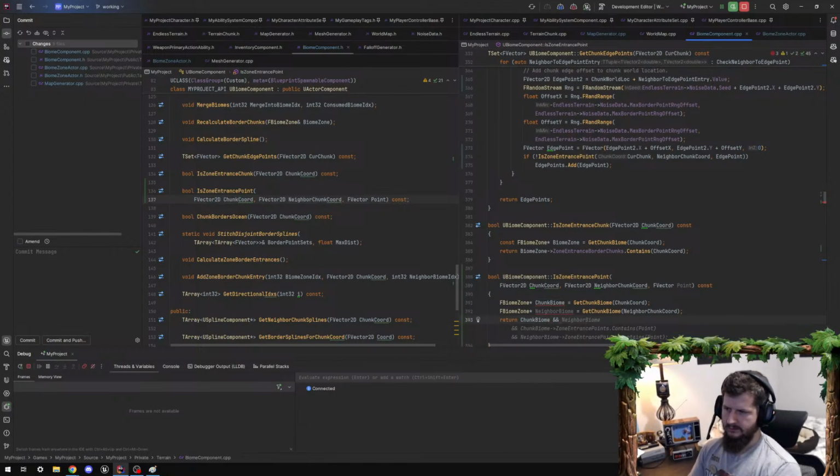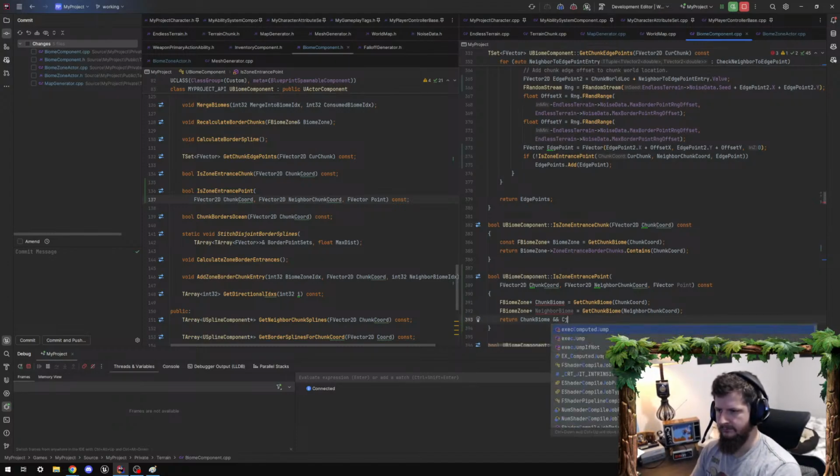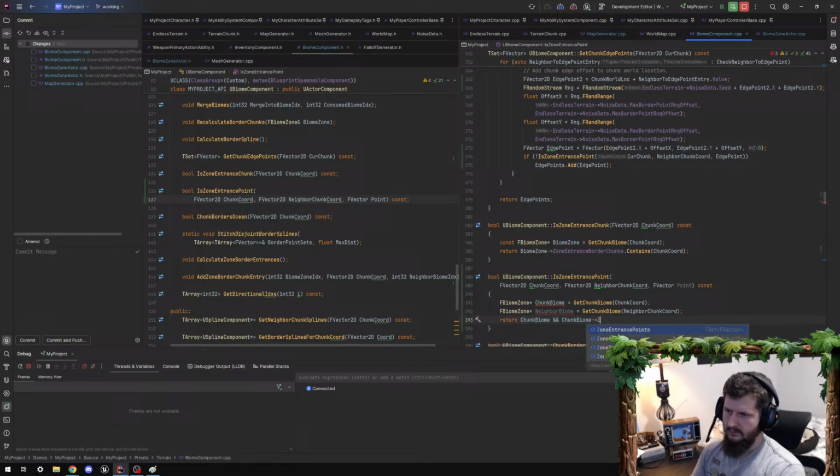And you guys have either one, right? Chunk biome and chunk biome. God, I cannot type today. Zone entrance points contains point. Or then let's wrap this.